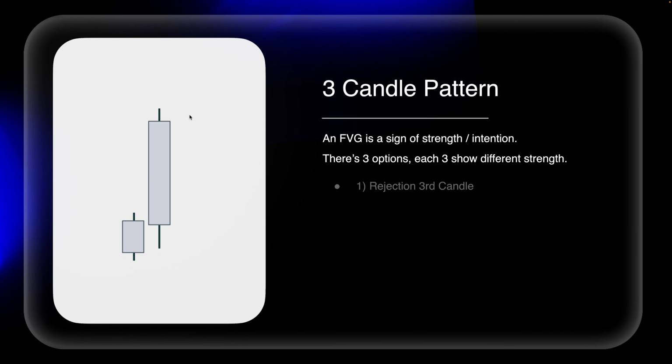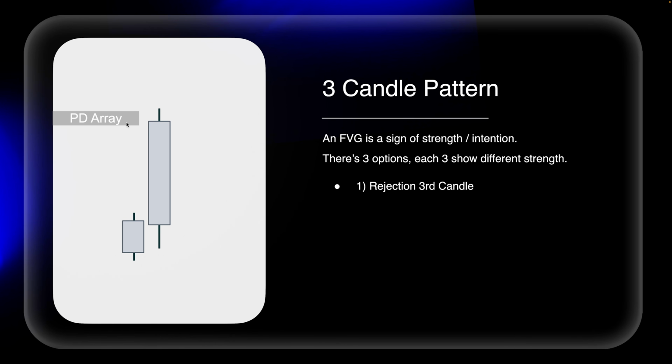Then the second candle, that candle is called the expansion phase candle. And now depending on what the third candle will do, that will determine what type of fair value gap we have, a good fair value gap or a bad fair value gap. The first option is the following, a rejection third candle. Now, what does a rejection third candle look like? Well, first of all, where does a fair value gap again potentially get created? That unmitigated opposing PD array right there, like we're seeing in the example.